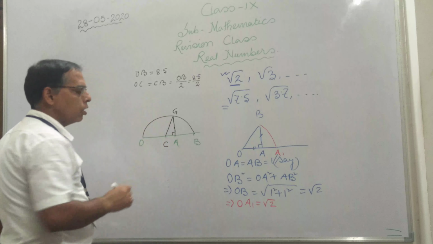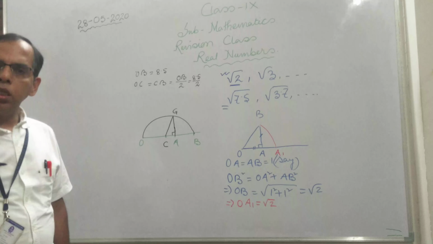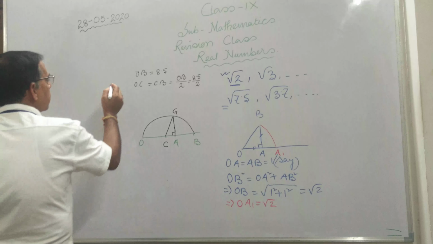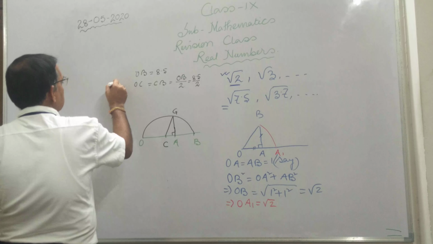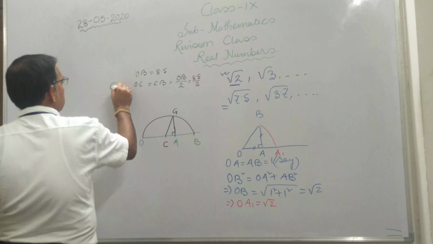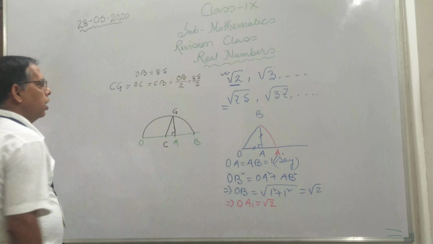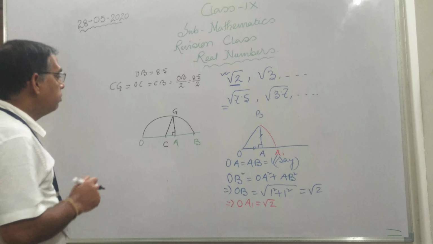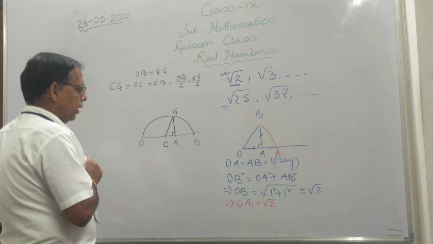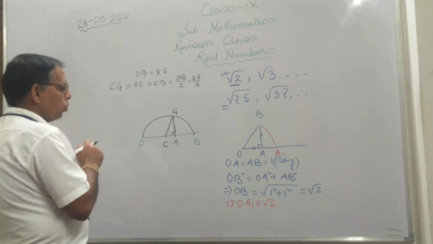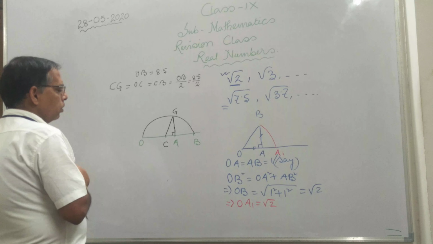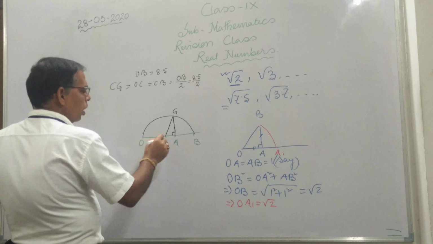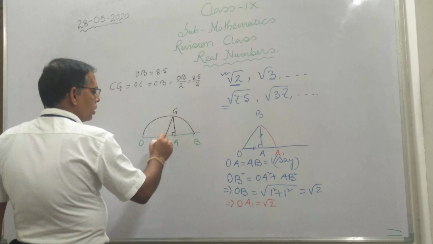Now, OC and CB are equal. What is the relation of CG? CG is also radius. Then what is the value of CG? CG is also the same. CG is also equal to 8.5 by 2. Got it? Okay. Now next you see. Here we got CG, and we have to get CA.